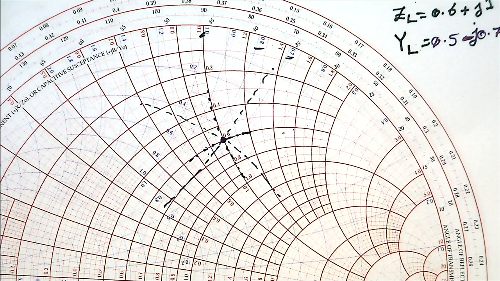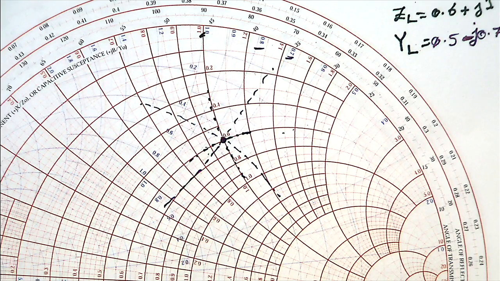And then we have YL equals GL plus J BL. And then we see from the Smith chart that this GL is 1 and this BL is 2 at this point. For admittance, capacitance is negative, right?